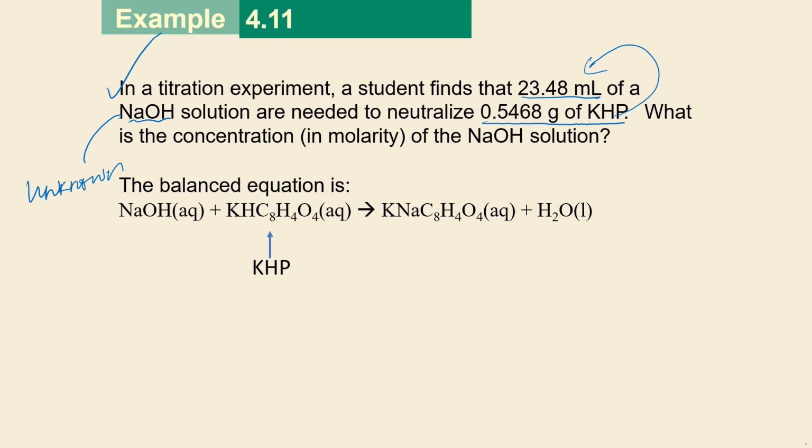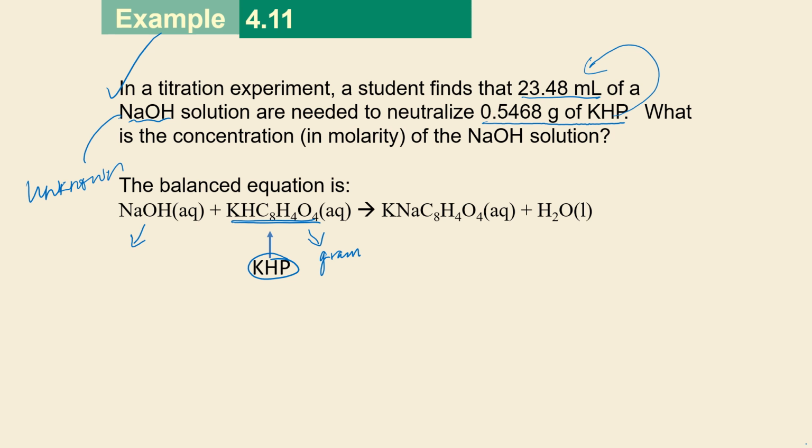Now, KHP is probably a compound that you've never heard of, but it's a fairly common acid that is used to quantify a base of an unknown concentration because it's very easy to get a highly accurate concentration by making a solution of KHP. So we know a few things here. We know the gram amount of our acid.